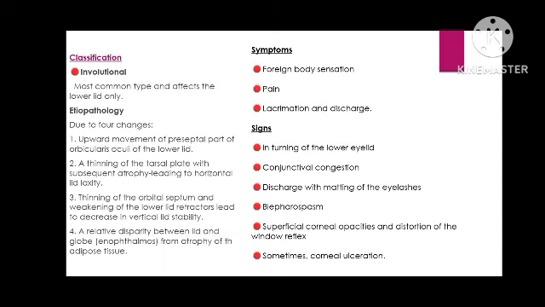Classification: first one is involutional, the most common type, affecting the lower lid only.